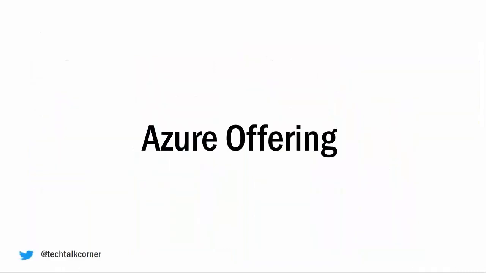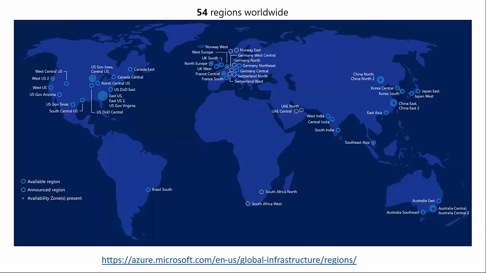Let's go and have a look at different products that are available for us and we can use in our data warehouse solution. Important to understand as well, Azure has 54 regions. That doesn't mean that all the services are available in all the regions.